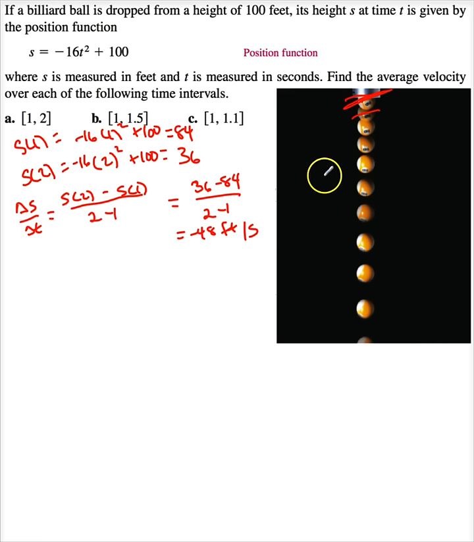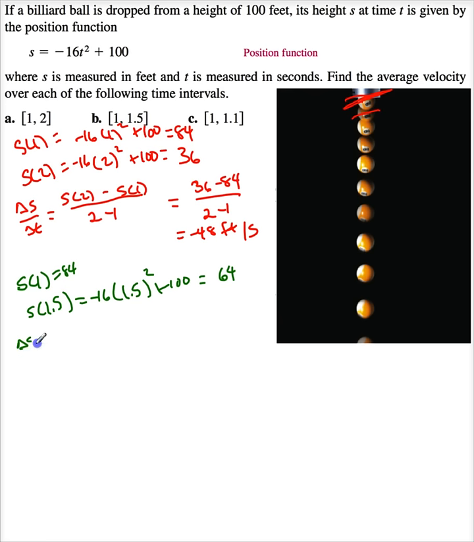I already have S of 1 is 84. S of 1.5 is minus 16 times 1.5 squared plus 100. And that is 64.